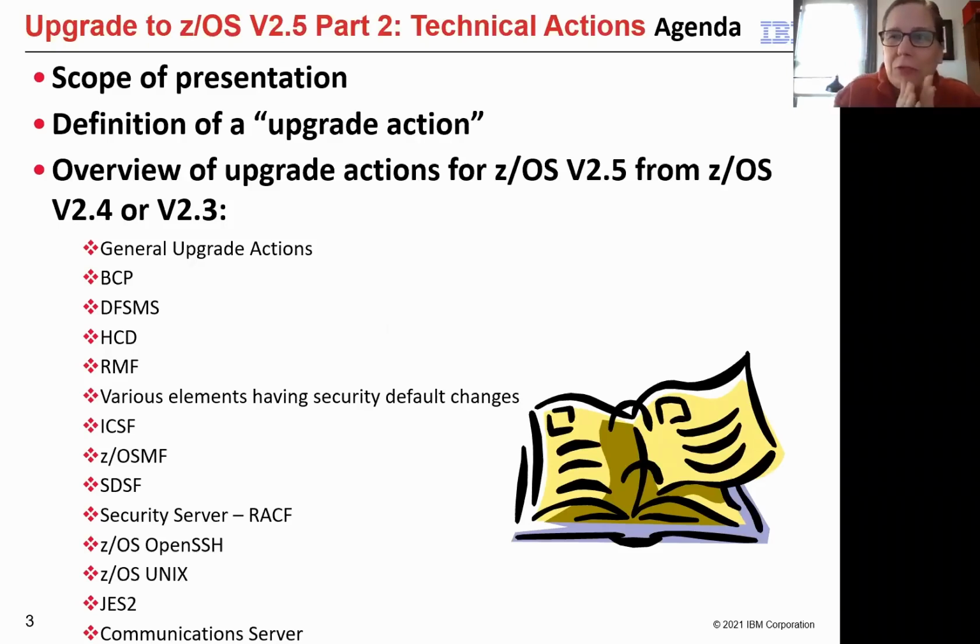If you're on 2.3, I'll only cover the very biggest highlights of zOS 2.4. Do remember that in part one, planning, we talked a lot about the important upgrade actions in 2.4, like user key common removal and SMB removal as well. Here is the list of the elements that I will go through in this hour-long presentation for what we have time to talk about.